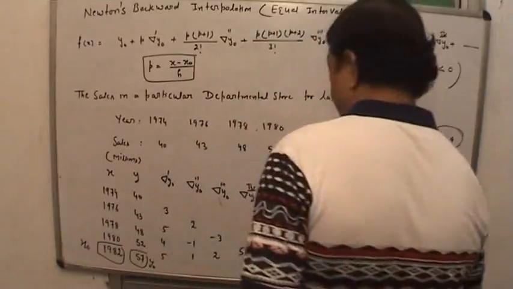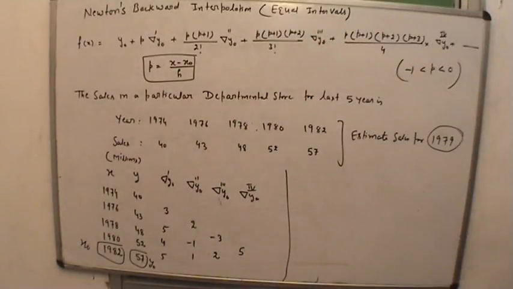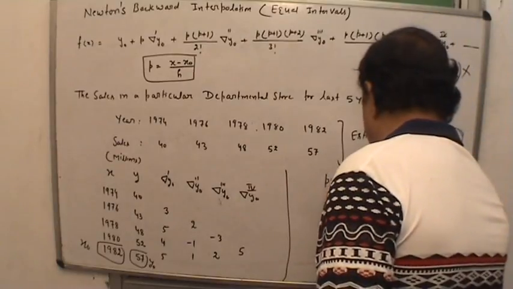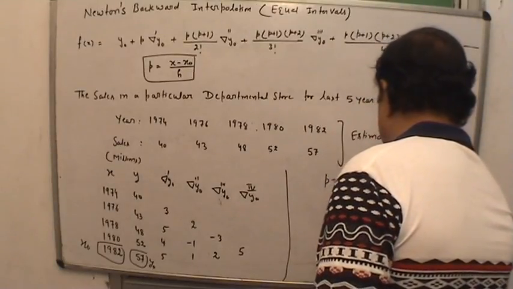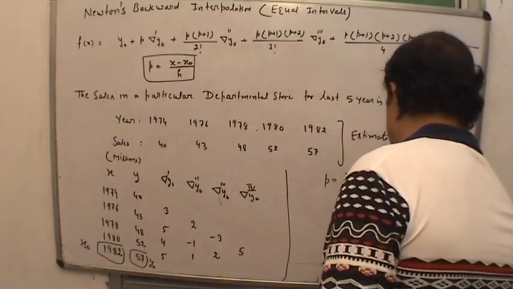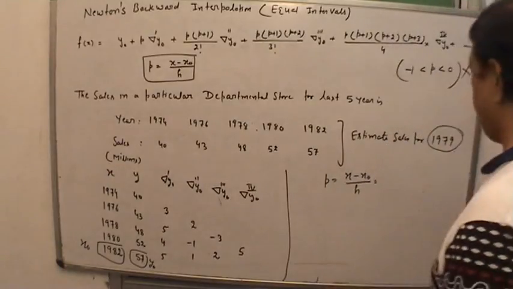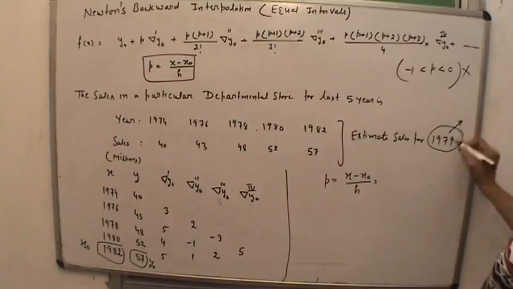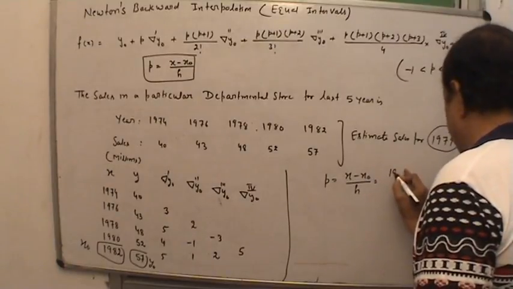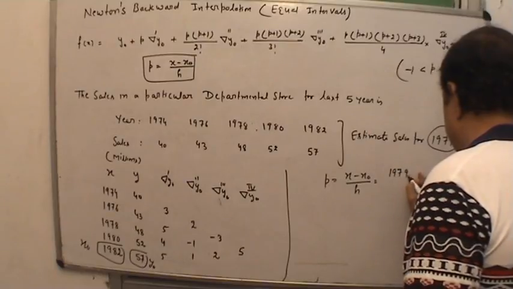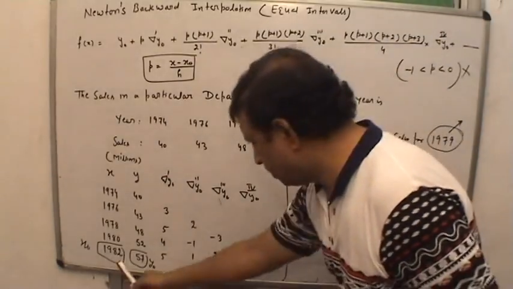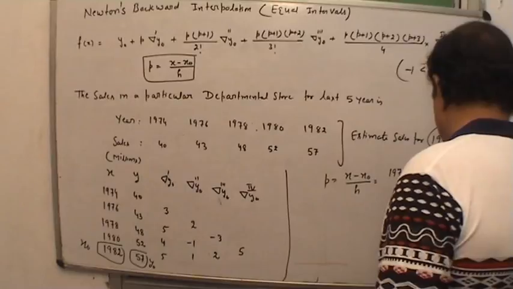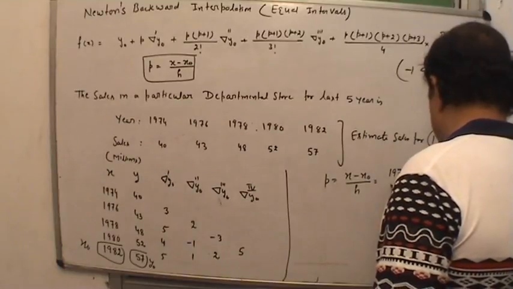Now we see, do these values obey this condition? Again, the value of p is the same: x minus x0 divided by h. What is x? X is the point of interpolation, that is 1979 minus x0. x0 means 1982, and what is the height?